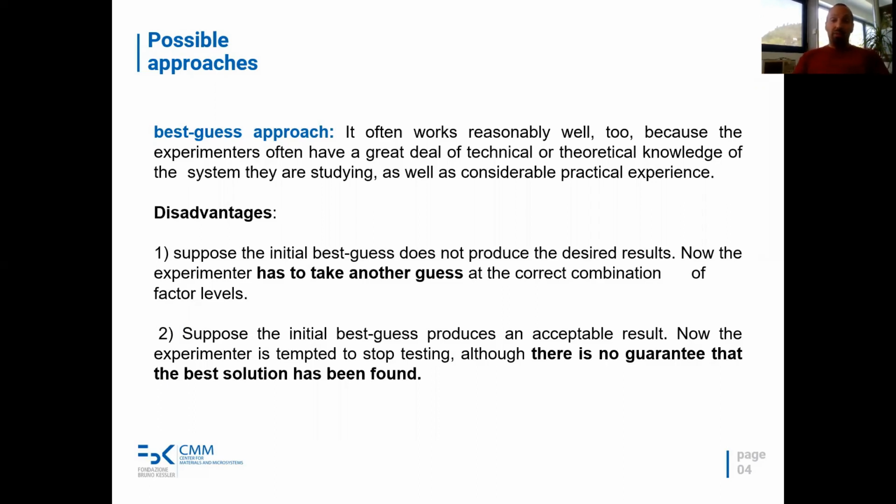The second is that there is no guarantee that the best solution has been found. If we obtain an acceptable result, we are tempted to stop testing, and we don't know if it is the real best solution.